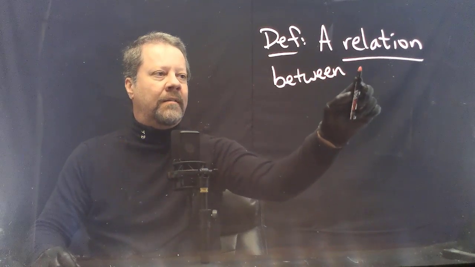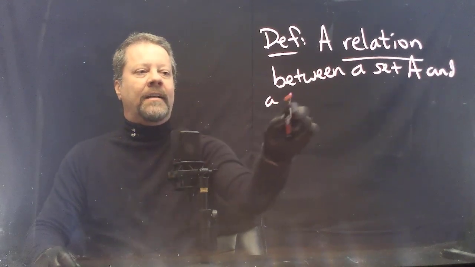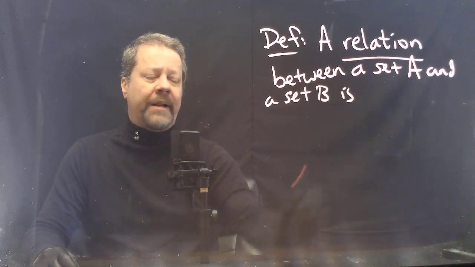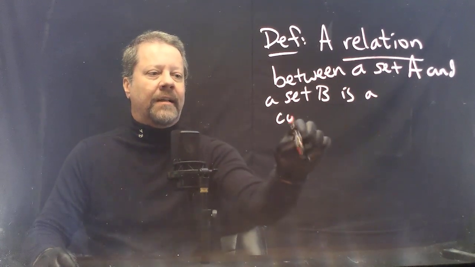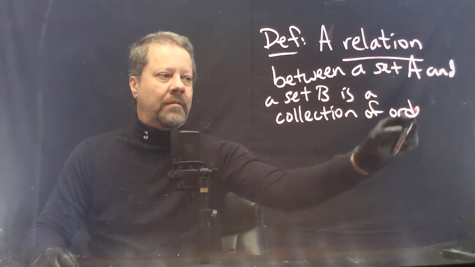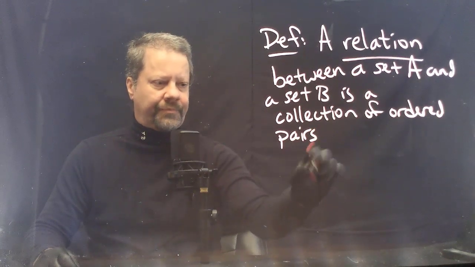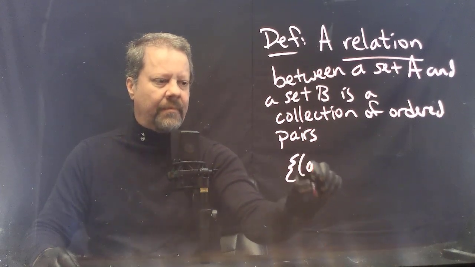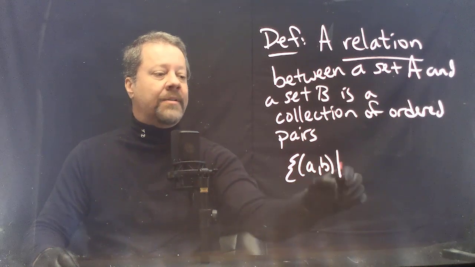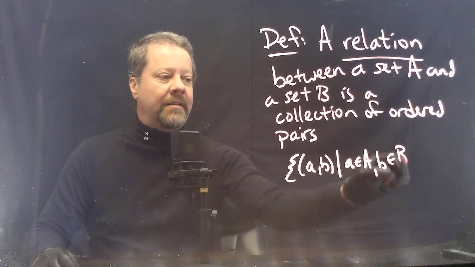A relation between a set A and a set B is any collection of ordered pairs, something of the form (a, b) where a lies in the set A and b lies in the set B.